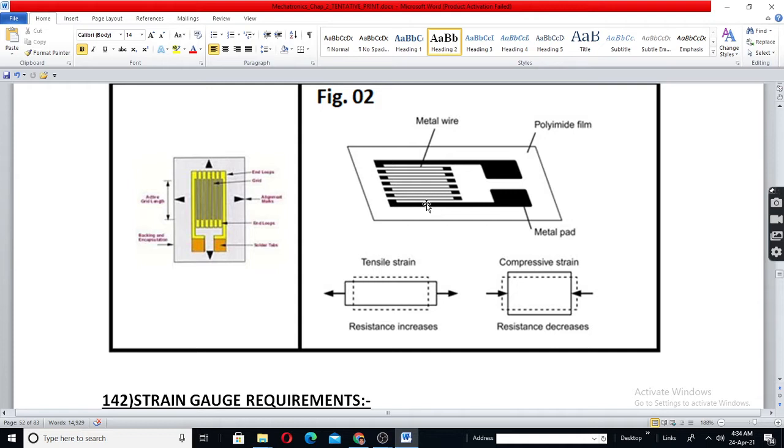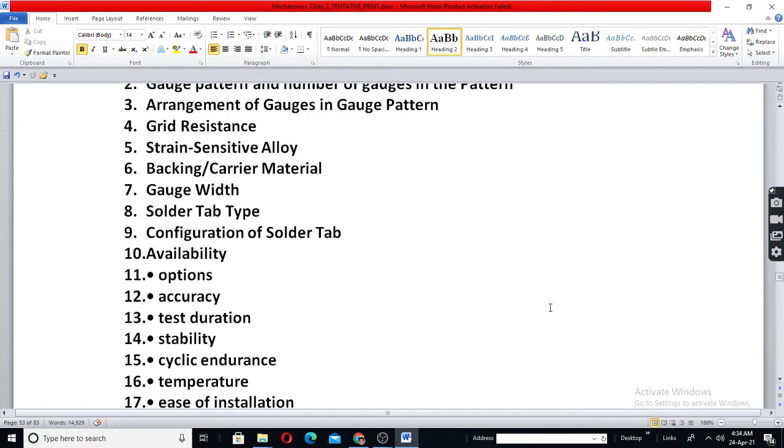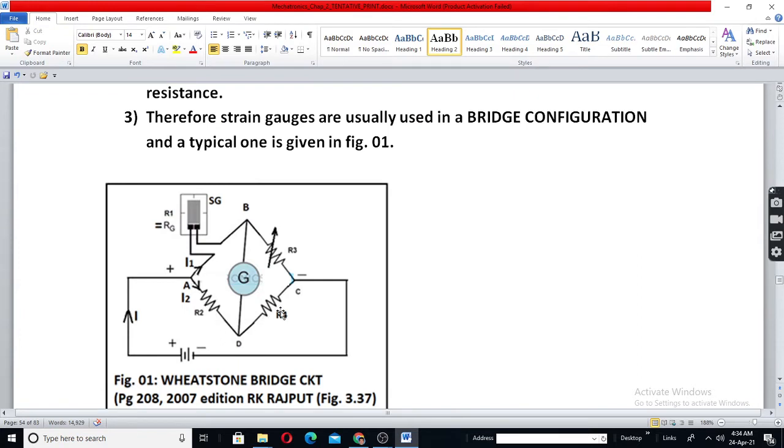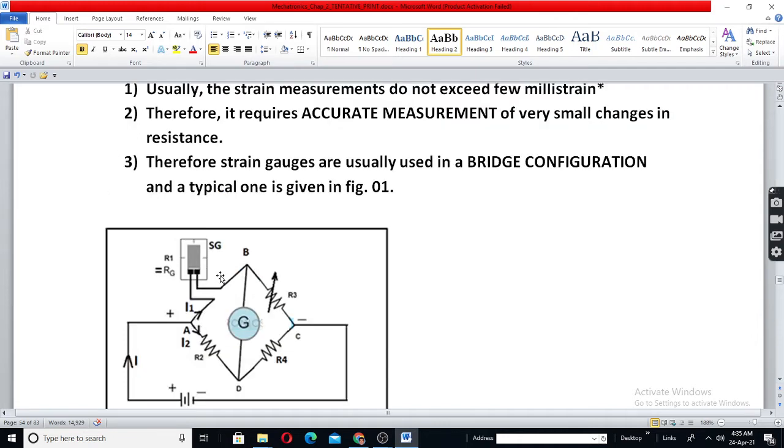Hence, we can measure the change in resistance using any method. Say a Wheatstone bridge is used. Now this strain gauge is kept in one of the branches in the bridge.